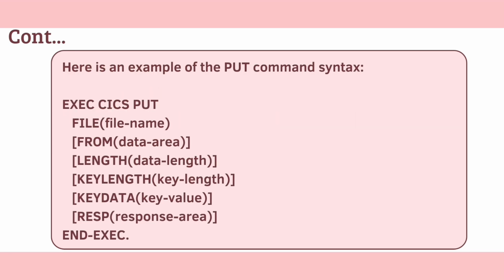For this also I have given an example here, so you may have a look at it. The put command writes the records from the specified data area to the file. If the record already exists, it is updated with the new data.